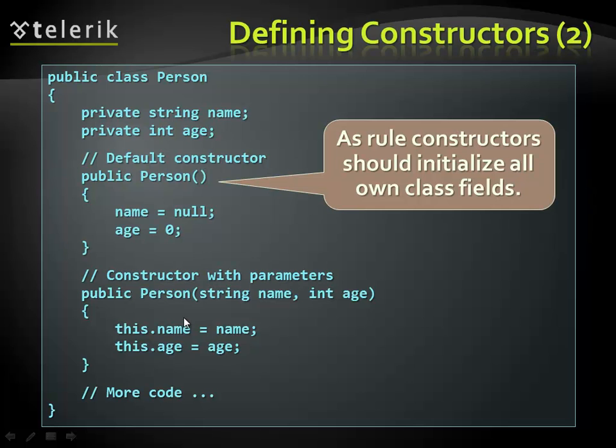And here we have two constructors, the default constructor and the one which gets new values. This is usually what you'll do in a constructor. You'll go over the fields and make sure that they are populated in some default way, or according to the values which you are receiving.